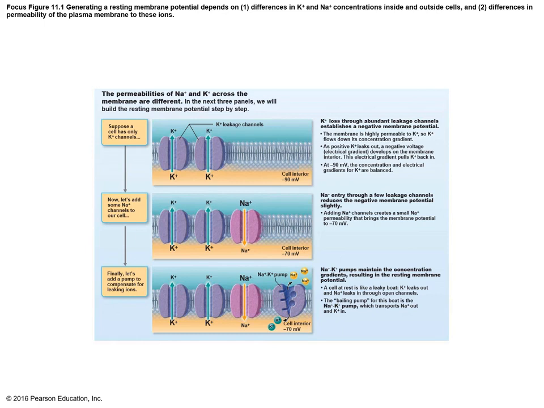Why? Because it's lower inside the cell. But if you reach equilibrium, you open a gate, sodium's not going to rush anywhere. It's not going to do anything. You'll never be able to generate an action potential, which means you would never have nerve impulses, which means you'd also never have muscle contractions, which bottom line means you would die. So you've got to maintain this gradient.